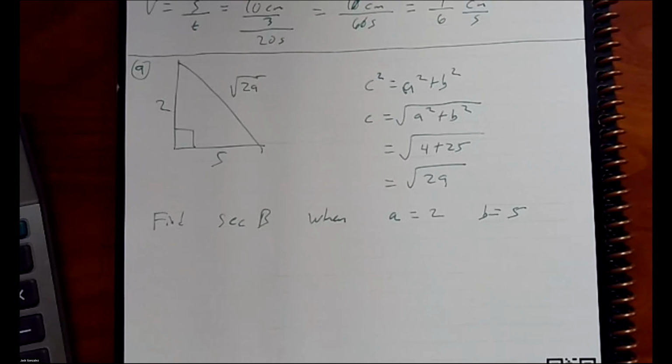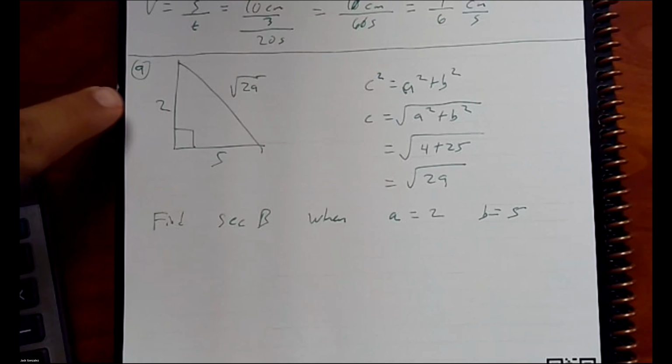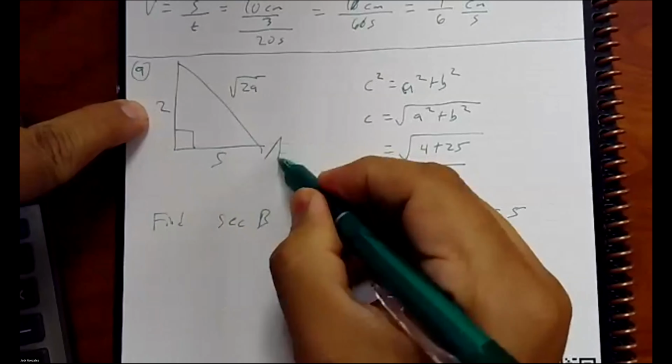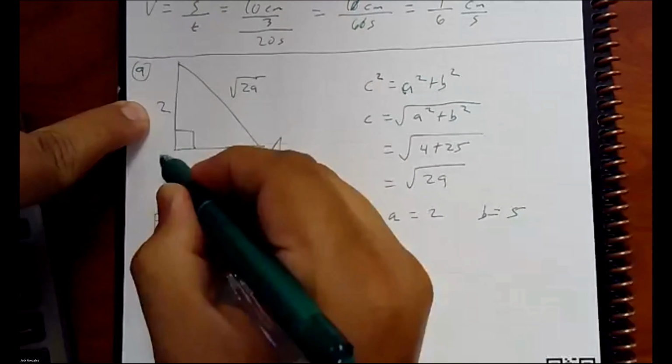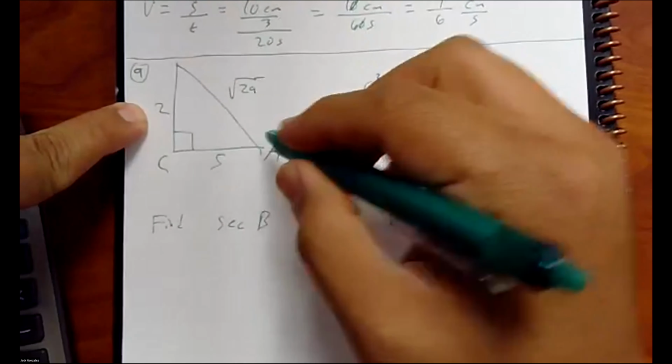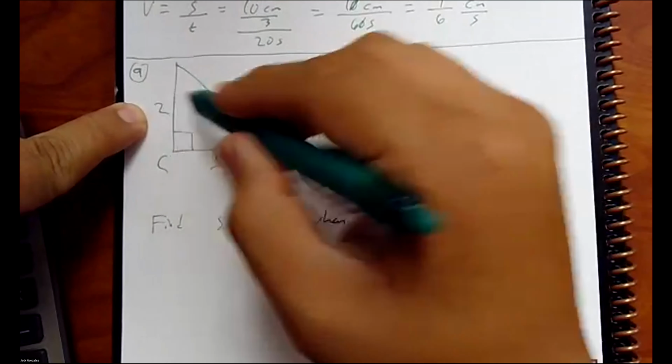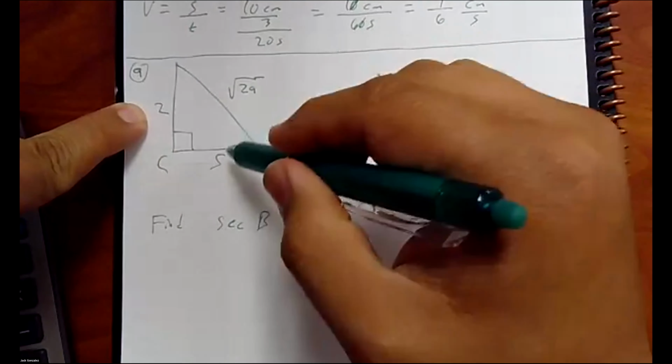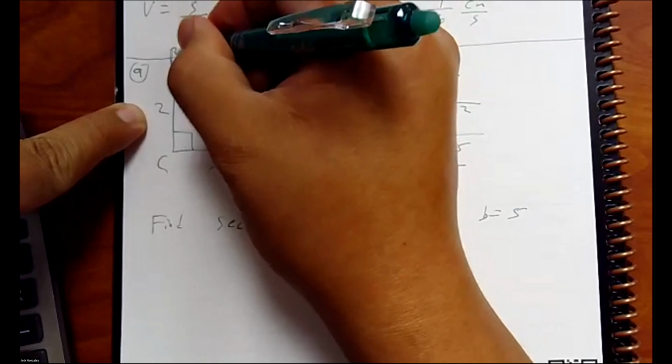So the issue is, if I chose to put A here, that means capital A is there. They said the right angle is C. Capital A is always opposite to little a. Little b is opposite to capital B.